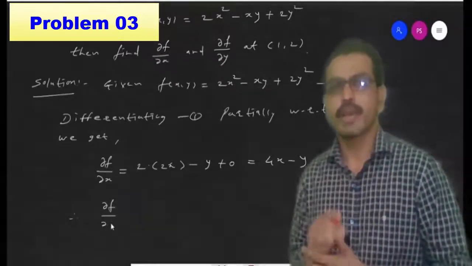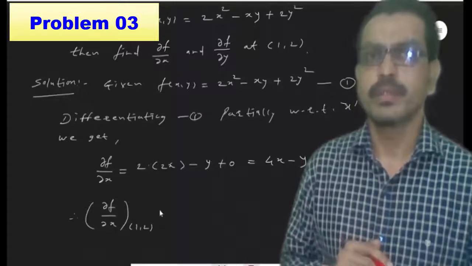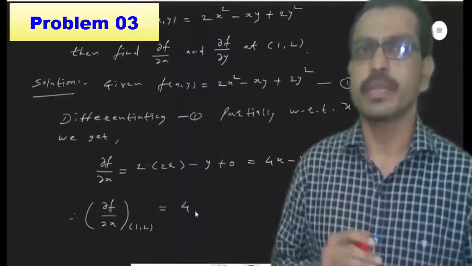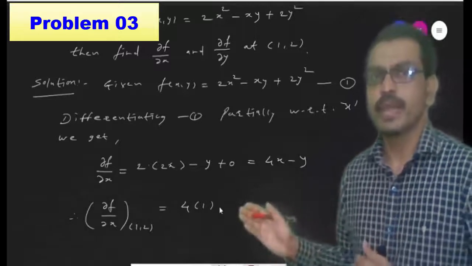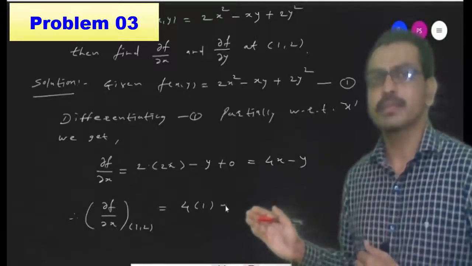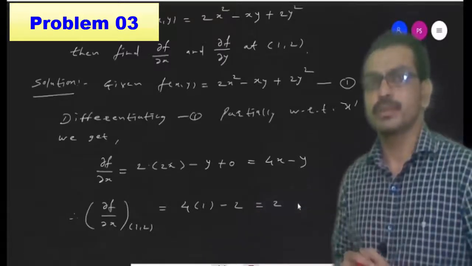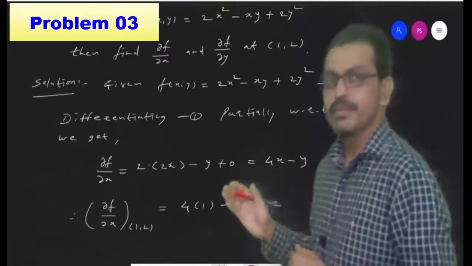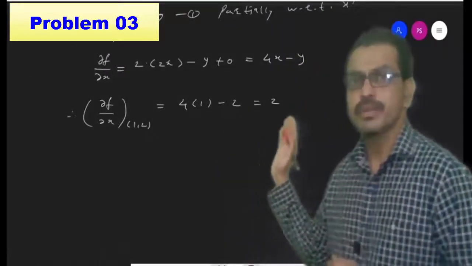Therefore, ∂f/∂x at the point x = 1 and y = 2 is 4 − 2, which is equal to 2. Therefore, ∂f/∂x at the point (1, 2) is equal to 2.